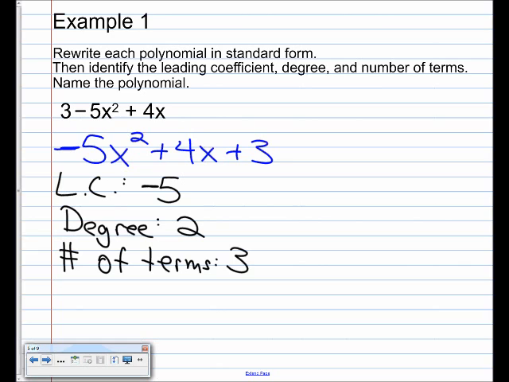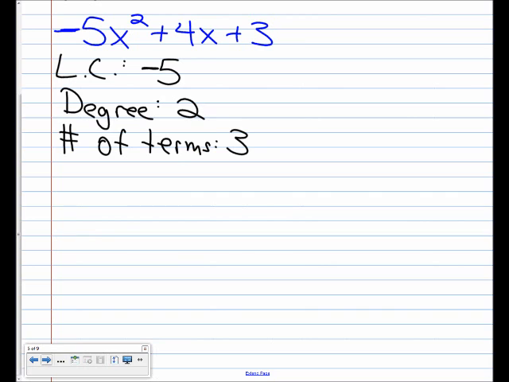All good. All right, so now the hard part is to name it. Guys, I get a lot of kids that mess this up, so really listen to the way I explain this. When you name them, you want to start with the degree. What is the degree? The degree is 2. This is why people mess it up all the time. So what am I going to write if the polynomial has a degree of 2?